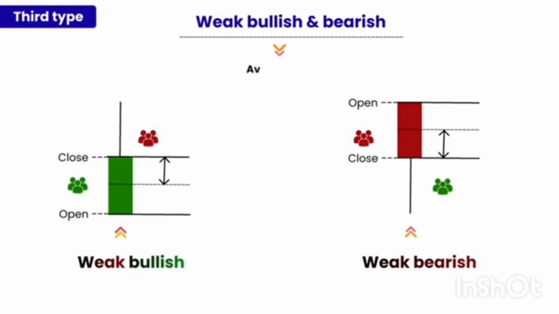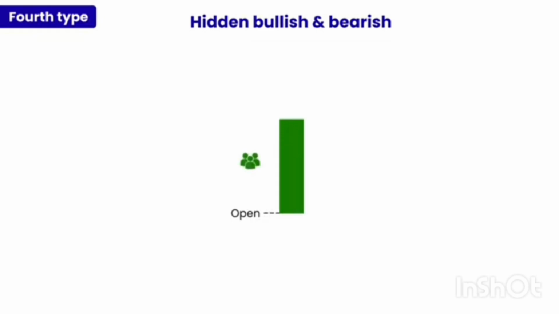Many traders become confused because the candle is green. However, instead of focusing on the color, you should analyze the behavior of buyers and sellers. If the next candle breaks the low of a hidden bearish candle, especially near an important resistance or supply zone, it can provide a high probability sell setup.